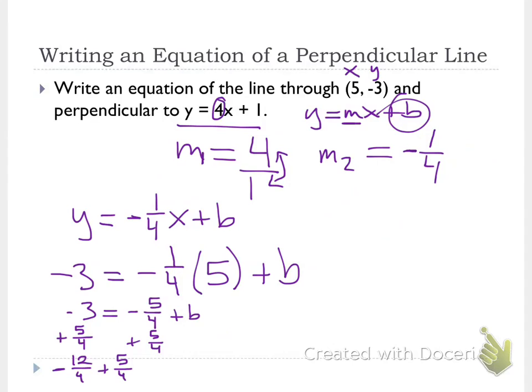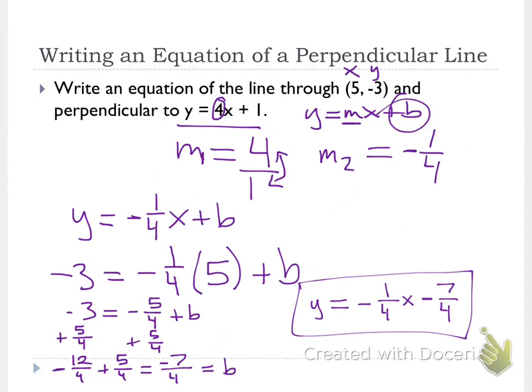Well, negative 12 plus 5, that's negative 7. Negative 7 over 4, and that's our b. So for our overall equation, we have to plug m back in and plug b back in. So we get y equals negative 1 over 4 x minus 7 over 4.